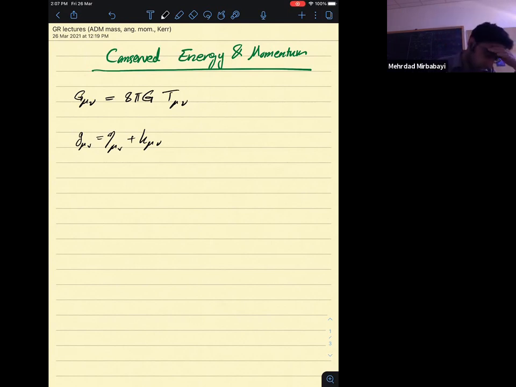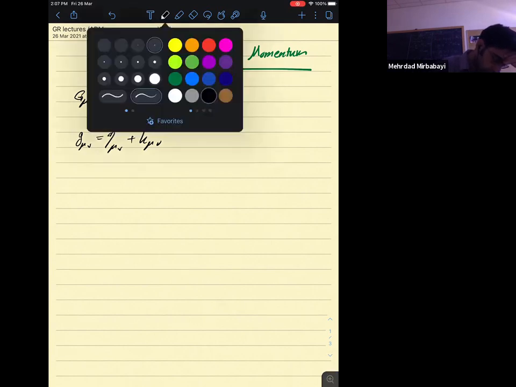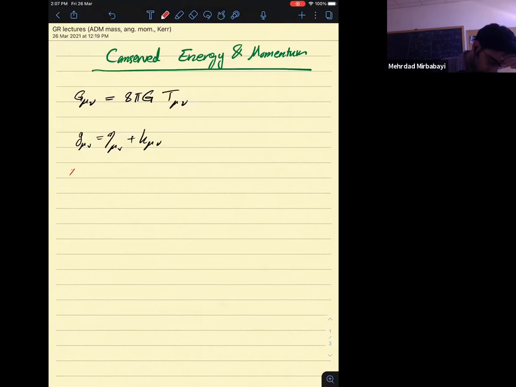Why? Because this is not covariant. If I go to a different coordinate system, the transformation of the metric, we know what it is, right?